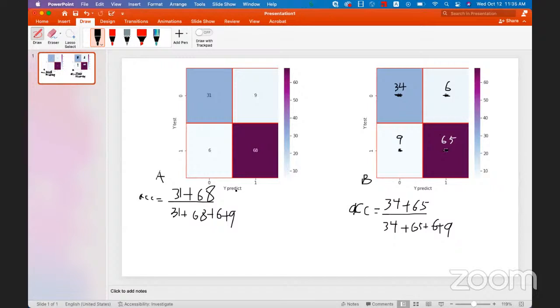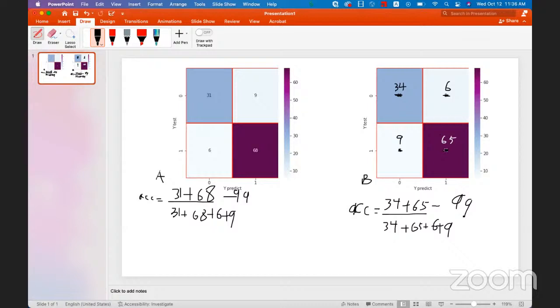The one equals 99 on top. It's also 99 on top. So these two models, the accuracy score is the same. These two models really have exactly the same effect. So we have to look into other metrics.